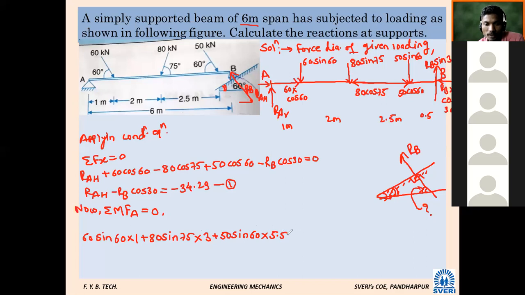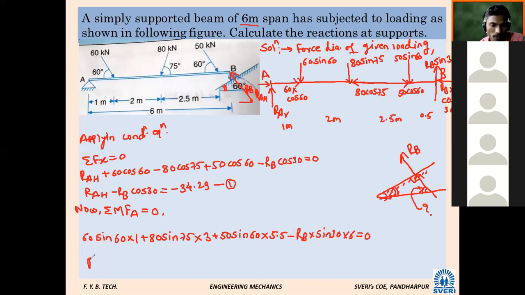How will it create the moment? Anti-clockwise. So it will be minus RB sin 30 into 6, equal to 0.